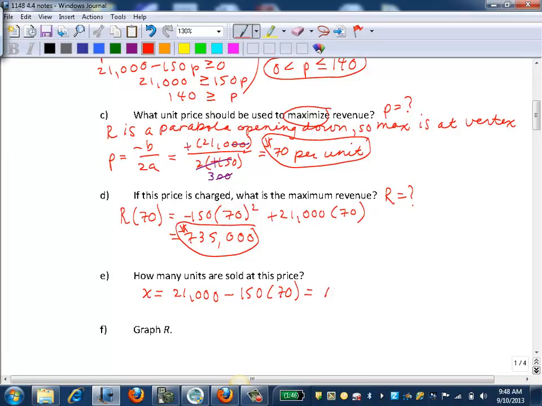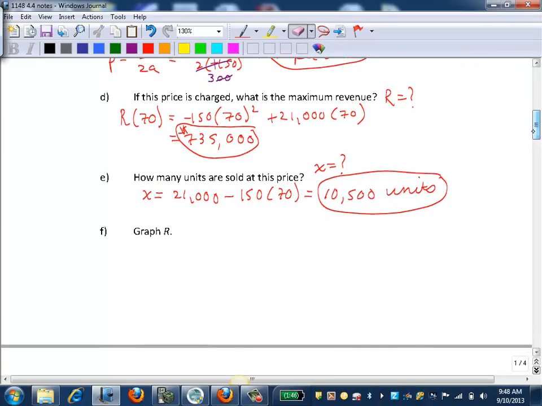And this will give us 10,500 units. So in part E, they wanted an x value. We actually had several variables in this problem. If they sell 10,500 units, that will bring in the maximum revenue of $735,000.